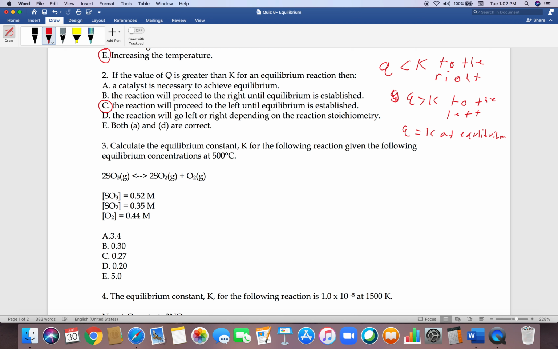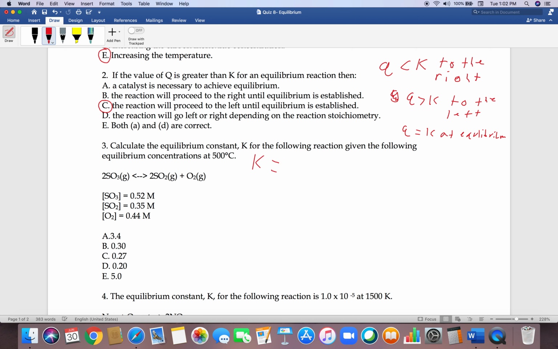says to calculate the equilibrium constant K for the following reaction given the following equilibrium concentrations at 500 degrees Celsius. So it's the decomposition of sulfur trioxide into sulfur dioxide and oxygen gas. We're given the equilibrium concentrations and we want to know the equilibrium constant K. So the equilibrium constant K can be written as a ratio, and it's products over reactants.